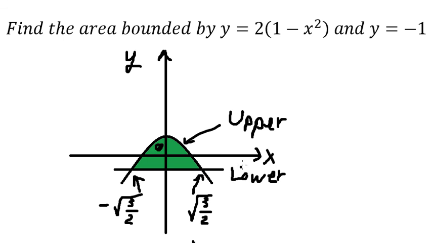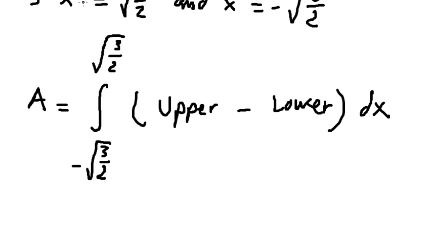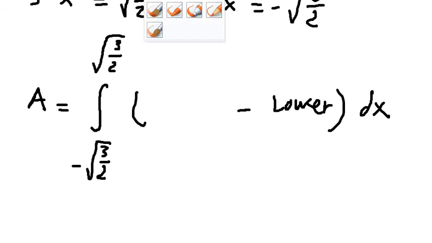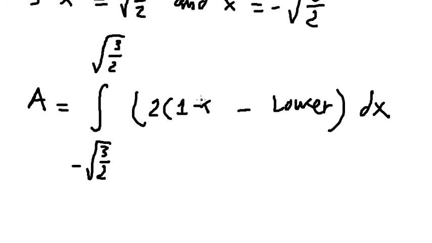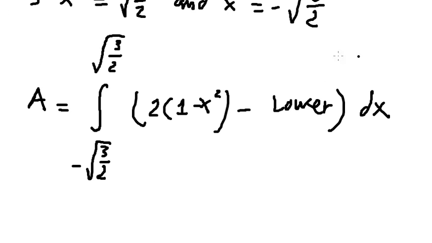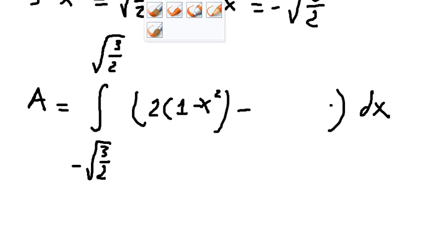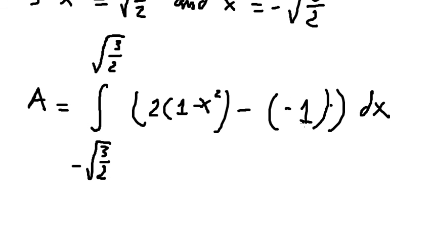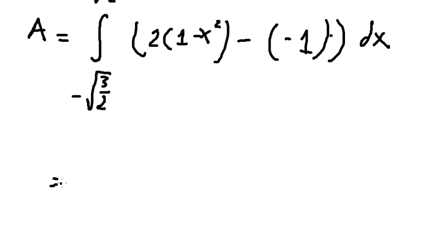So the upper is this one. And the lower is negative 1. Now we need to simplify.